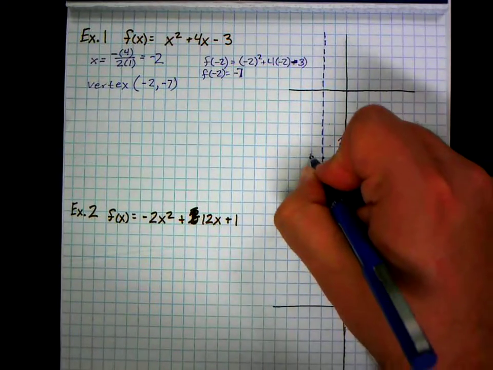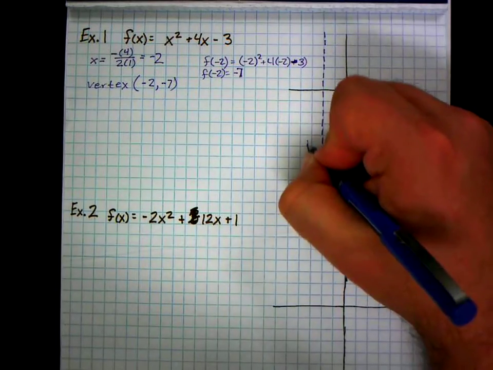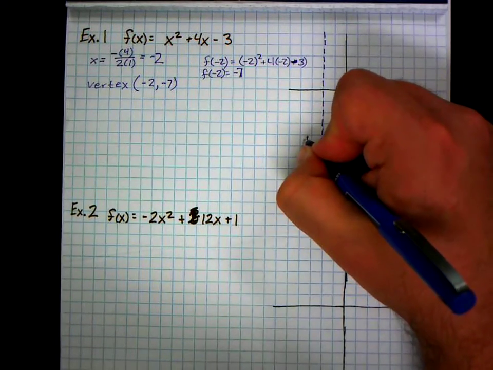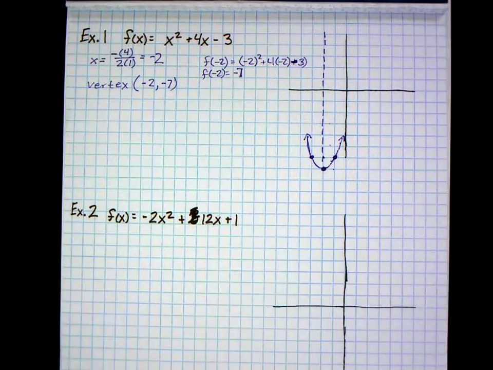Whenever you graph these, I'm looking for 3 points. As long as you have 3 points, you're good. If you want to go farther, that's up to you, but I'm just mainly looking for 3 points and a curve.